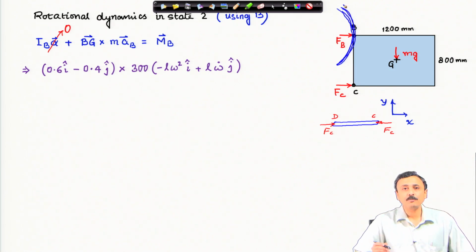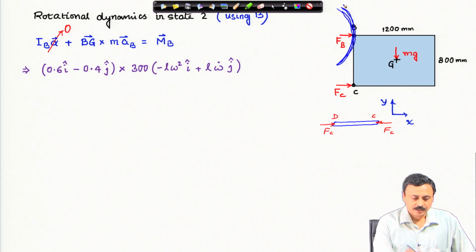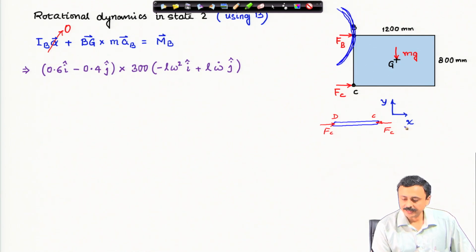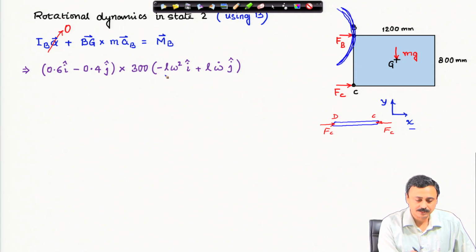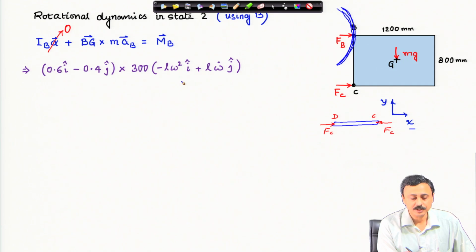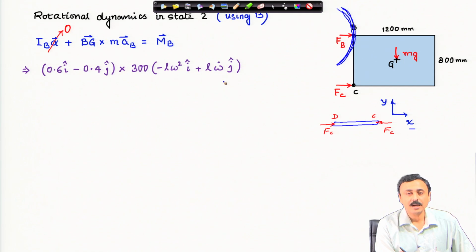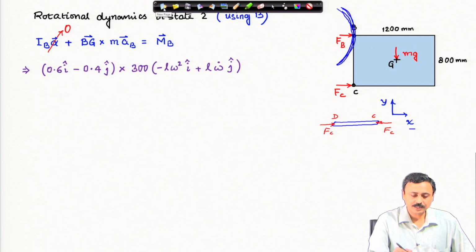Therefore, the acceleration of point B will have two components, one is tangential to the path, the other is normal to the path. Normal to the path is in the negative x direction, and that is the centripetal acceleration, minus L omega square I cap, that is the centripetal acceleration term, plus this is the tangential acceleration L omega dot j cap. This is angular velocity and angular acceleration of the link.